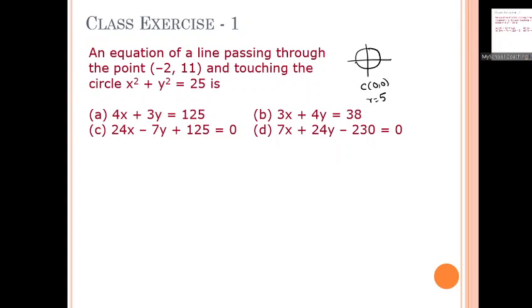You have a point minus 2, 11 somewhere here. The equation of a line passing through this point and touching the circle. How many tangents will be there from this point? Two tangents. Two tangents हो सकता है, right? एक ऐसा tangent आ सकता है, एक ऐसा आ सकता है ना, right? So you have to find these two tangents. That's the question. So how do you do that?